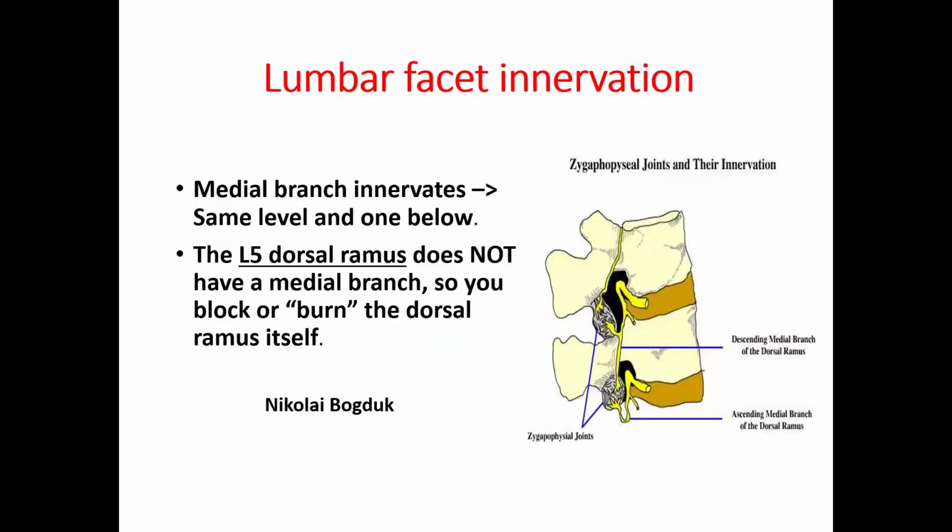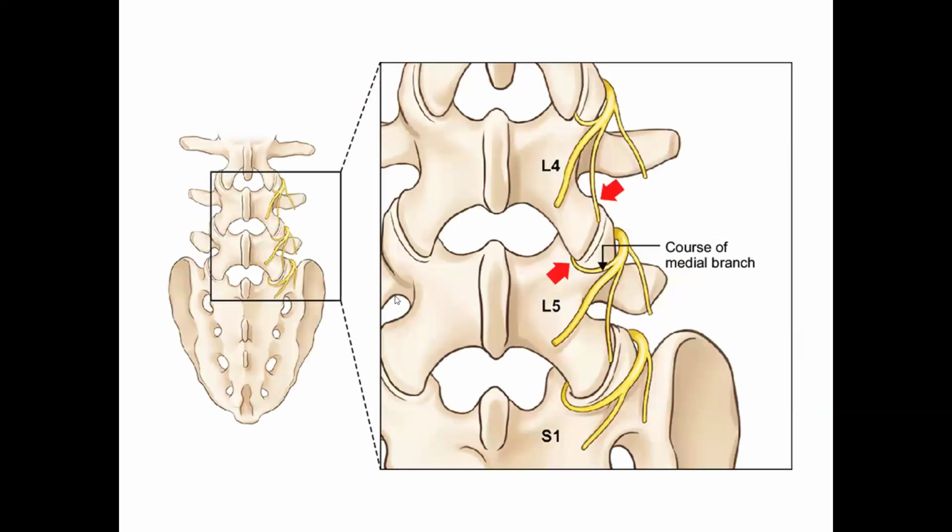Okay, we'll jump into the facet. The facet has a different innervation than the sacroiliac. They're supplied by the medial branches. Remember, the sacroiliac is supplied by the lateral branches. These are supplied by the medial branches. Now, L5 doesn't have a medial branch. It's a dorsal ramus, so we inject it as a dorsal ramus.